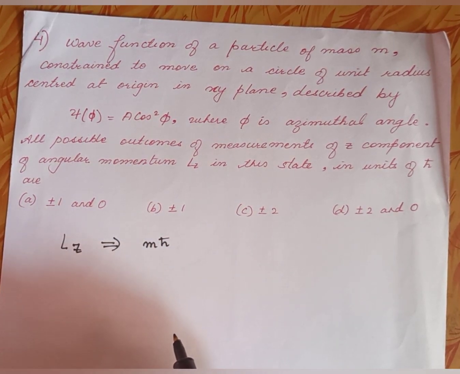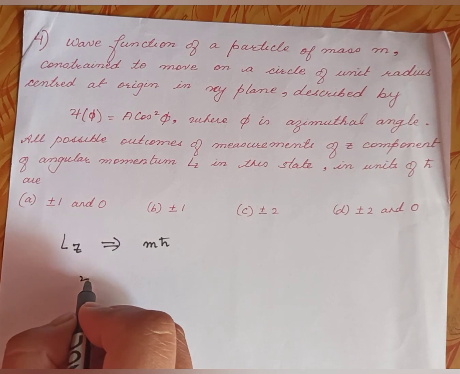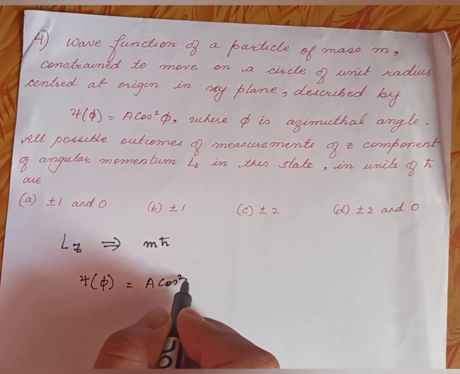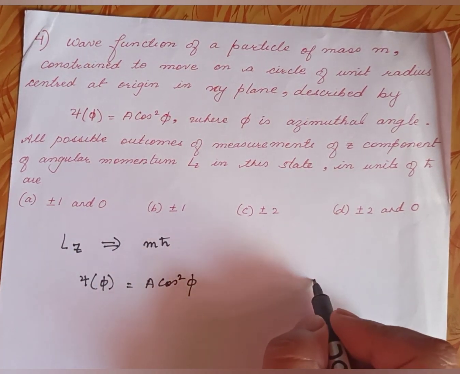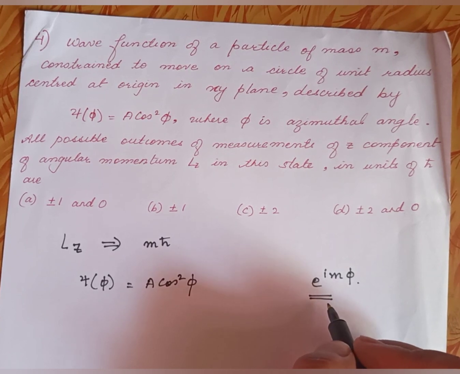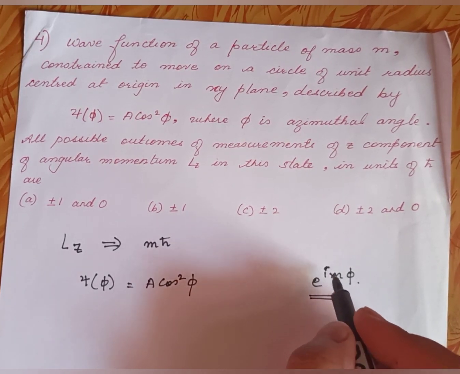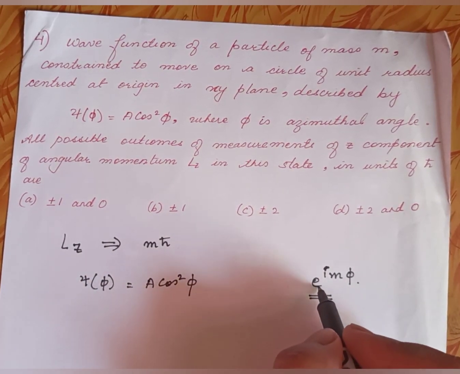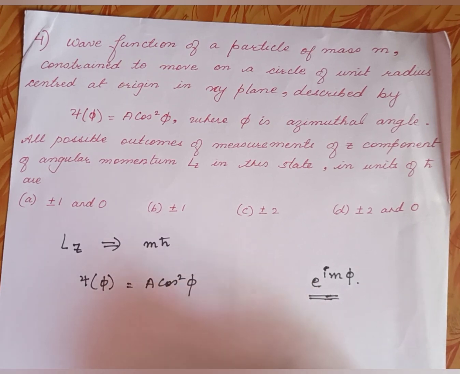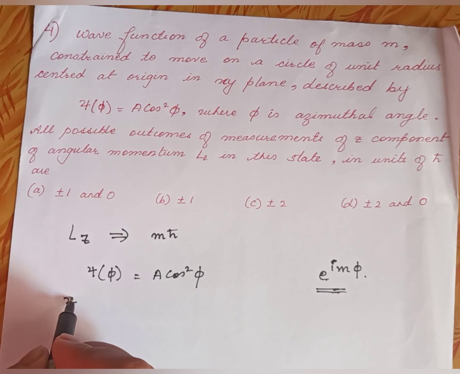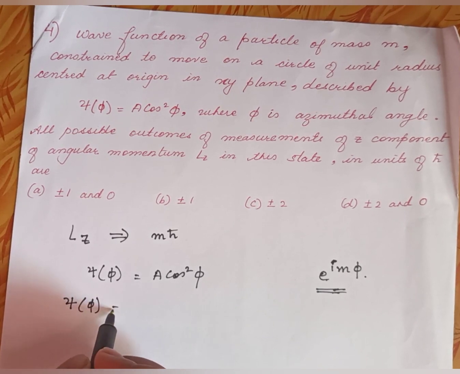So similar to the third problem, from the wave function which is given here, psi of phi, I need to express it in terms of e to the power i m phi, because I know that the spherical harmonics are the eigenfunctions of L square and Lz, and the phi dependence is given by e to the power i m phi. So for this psi of phi, I will express it in terms of e to the power i m phi, which is very simple.